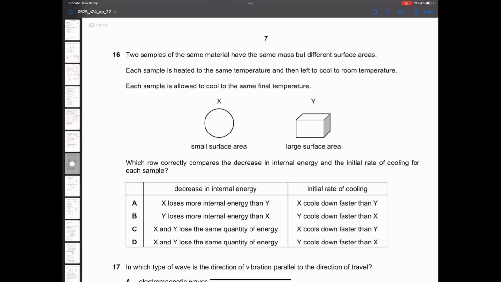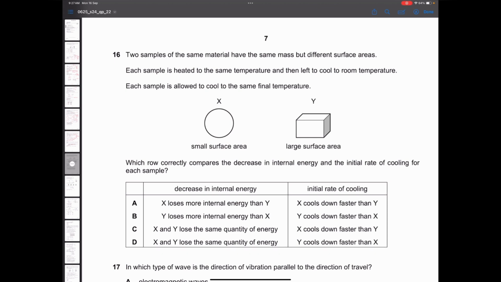Two samples of the same material have the same mass but different surface areas. Each sample is heated to the same temperature and then left to cool at room temperature. Each sample is allowed to cool to the same final temperature, so the change of temperature is the same. There is one with a smaller surface area and one with a larger surface area.